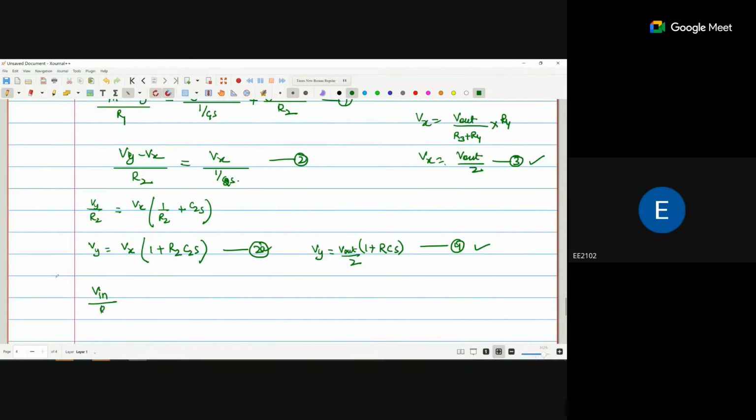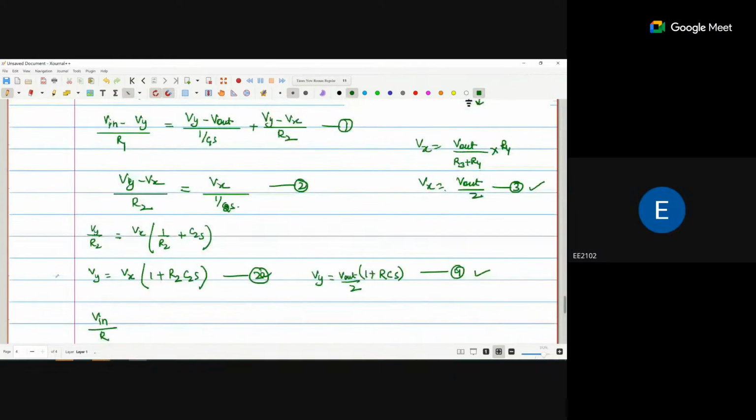So V in by R is equal to Vy by R plus Vy by Cs, that is Vy multiplied by Cs, plus Vy by R, this term.